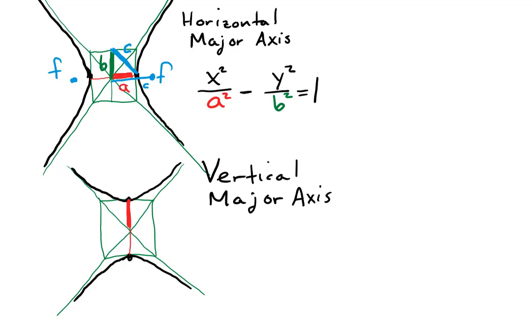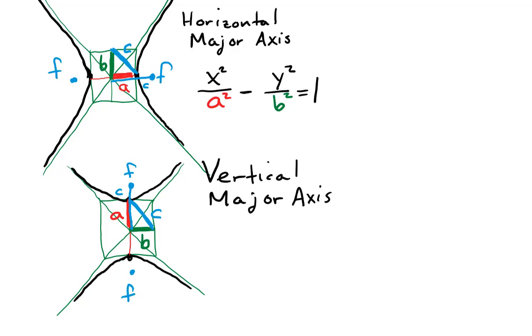Its length is always 2A, so the distance from the center to one vertex is still A. The distance from the center to a co-vertex at the end of the minor axis is still called B. The segment connecting a vertex with a co-vertex still has length C. C is also the distance from the center to one focus. The foci are always on the major axis, whether it is horizontal or vertical.